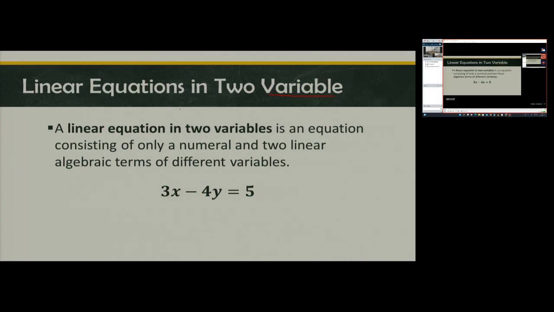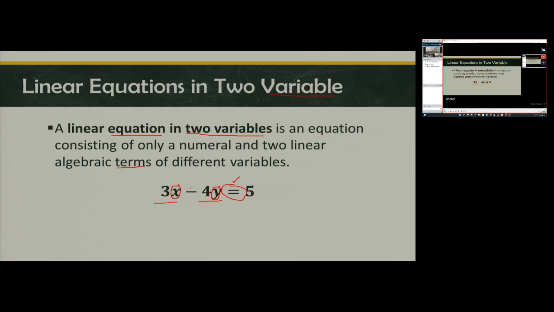Now, when can we say that a given equation is a linear equation in two variables? Remember, since we're dealing with an equation, you will see the equal symbol, okay? Next, two variables. Each term, x and y, this is what you call a term, okay?